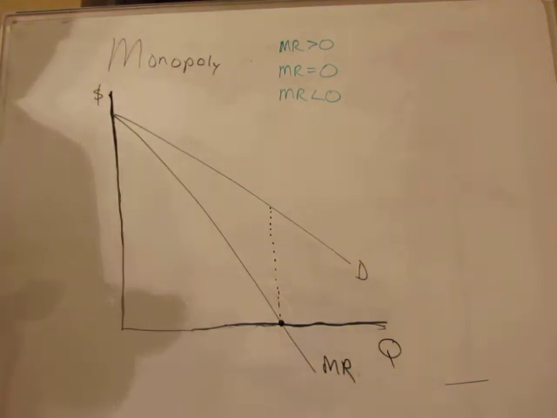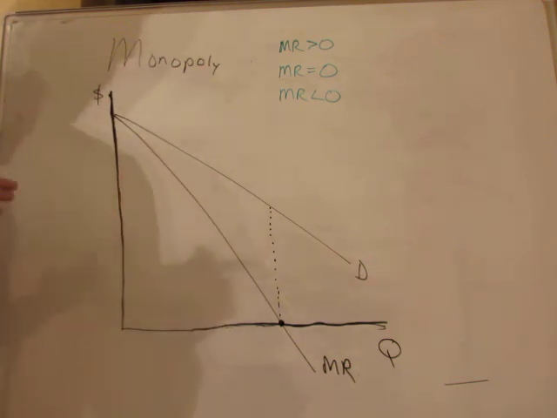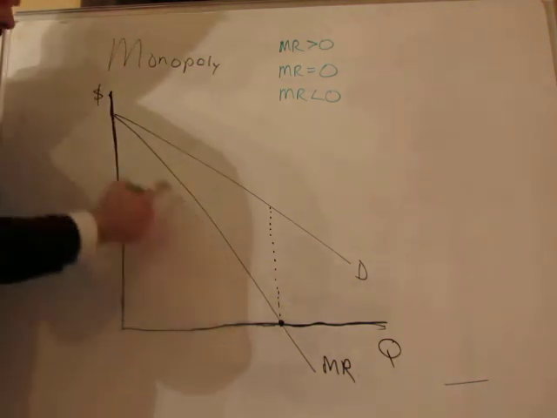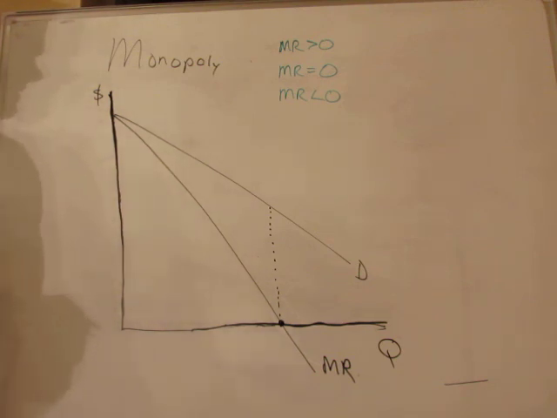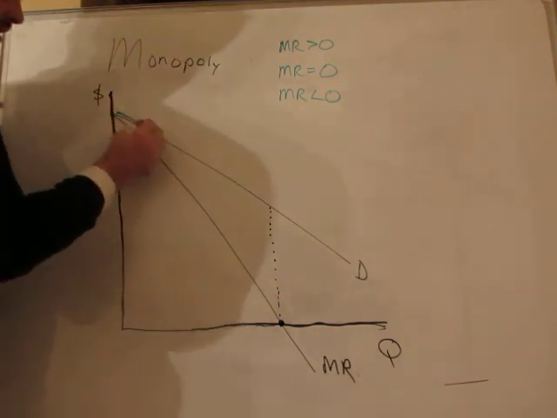So what we get here is we have our marginal revenue curve that is below our demand curve, and what we know from the lectures earlier in the unit is that when marginal revenue is positive, that means the additional revenue received from selling the next unit is a positive. That means a couple things.